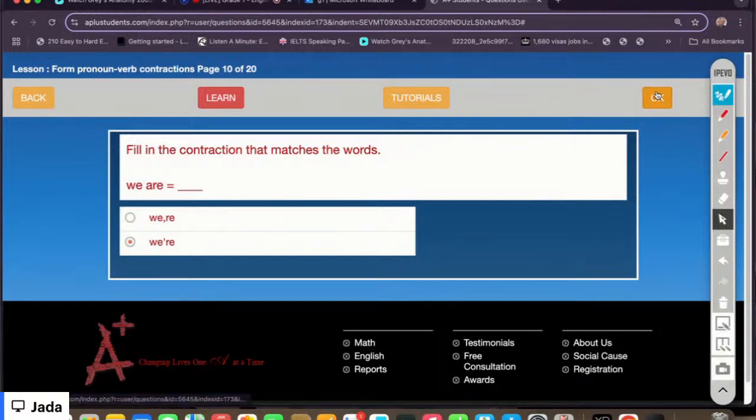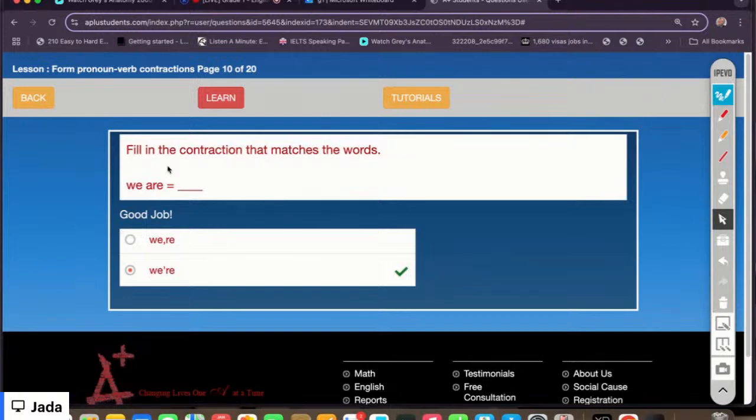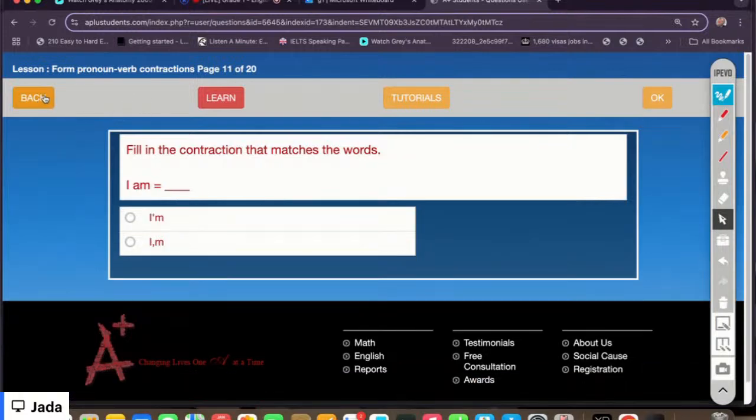So option 2. Okay, so that's it for the first lesson that says form pronoun verb contractions.